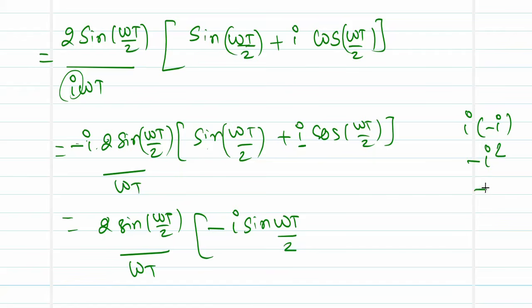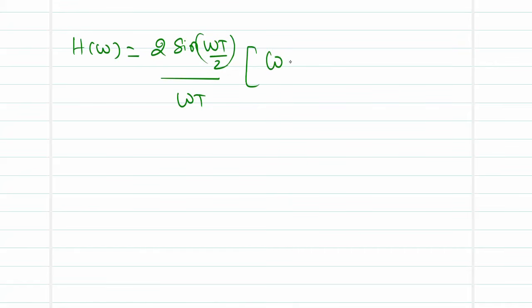You know i square is minus 1, so minus of minus 1 becomes plus cos omega t divided by 2. So now this is of the format cos theta minus i sin theta. So finally we have our capital H of omega equal to 2 sine omega t divided by 2 divided by omega t into cos omega t divided by 2 minus i sin omega t divided by 2.